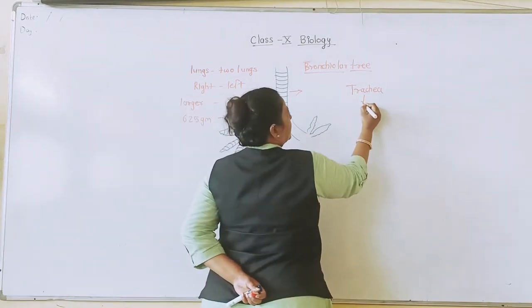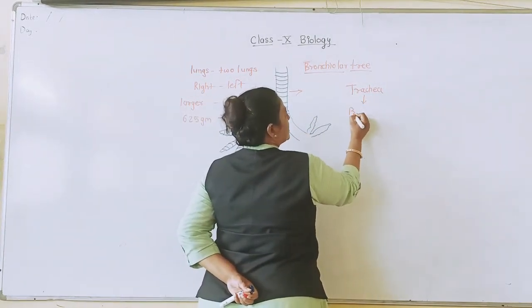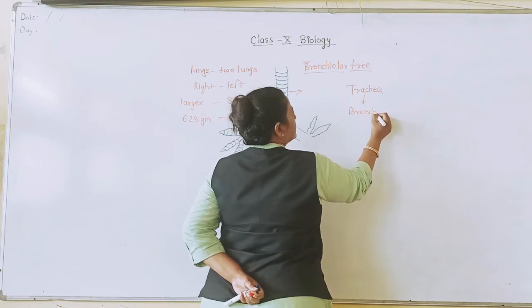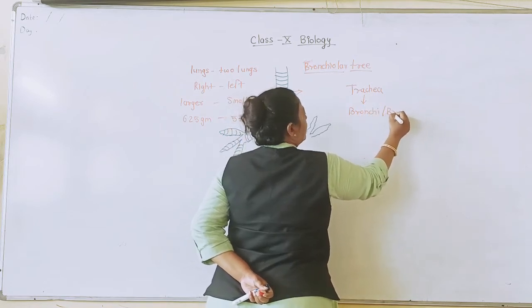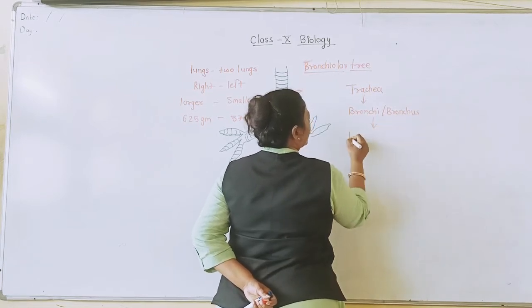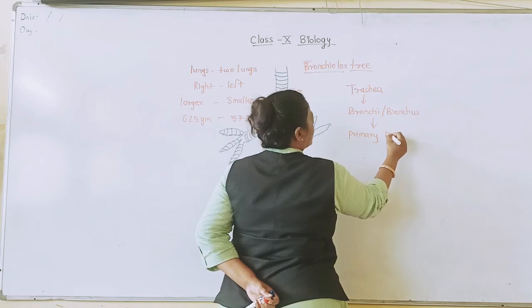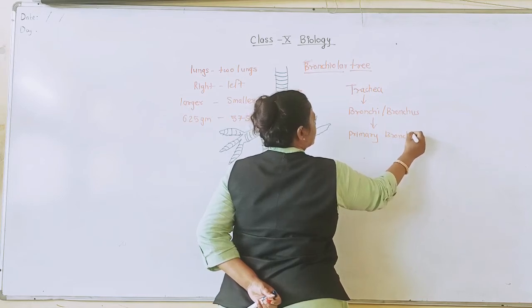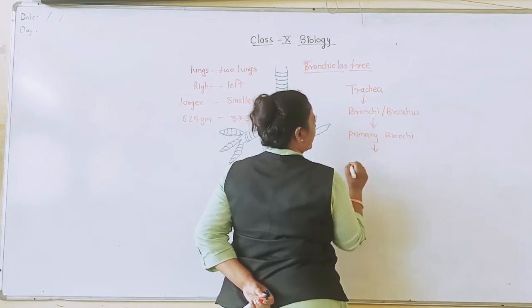The second part is the bronchi, or bronchus. This bronchi is divided into three parts. Primary bronchi, we have two, so bronchi I say.